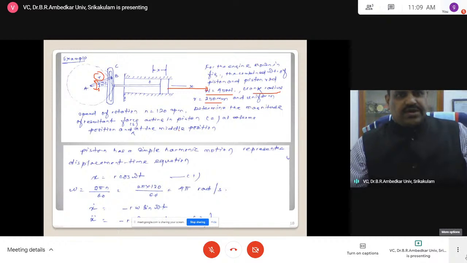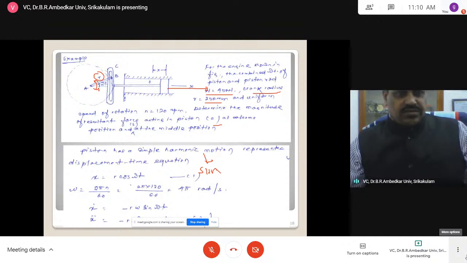Determine the magnitude and direction of acceleration. Now let us consider, because it is rotating continuously 0 to 360 degrees, it is a simple harmonic motion. This one.